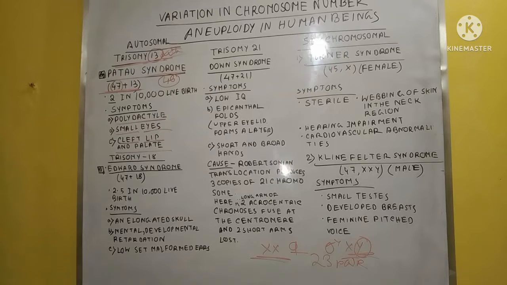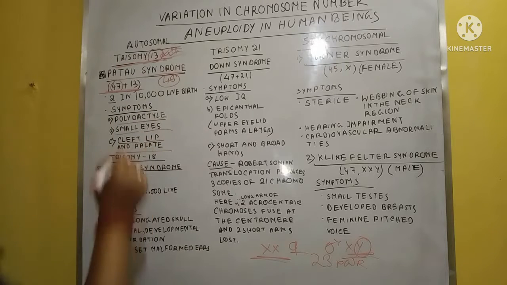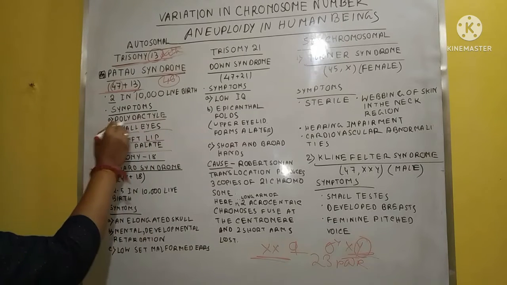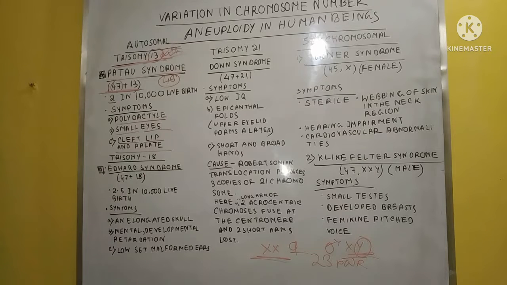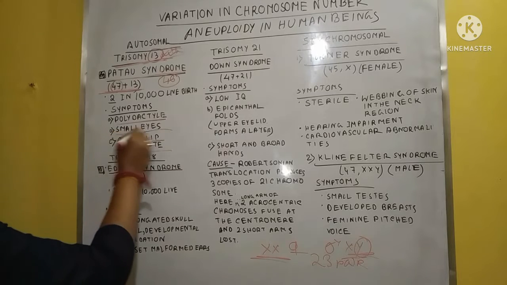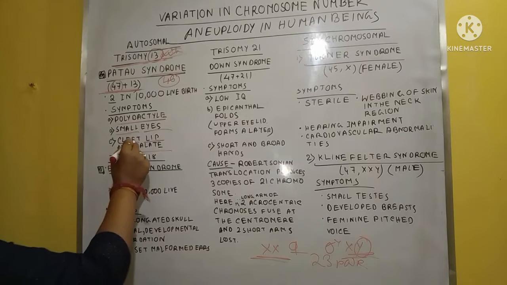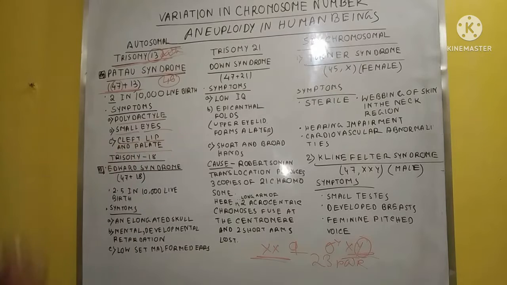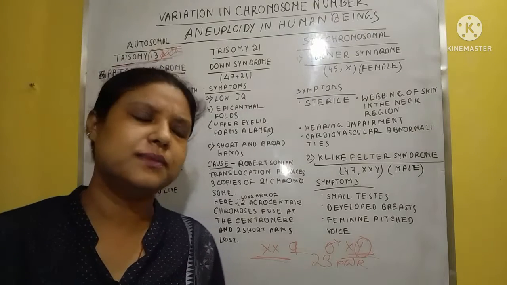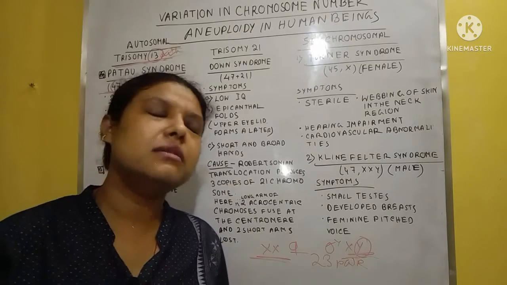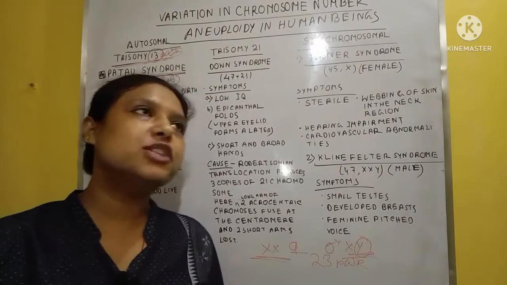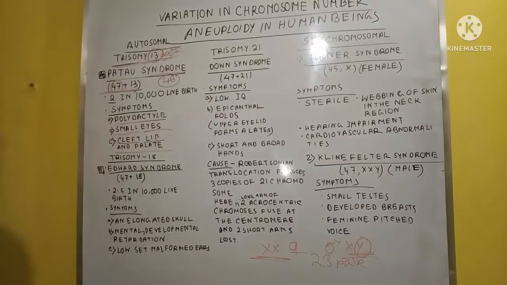Again I repeat, polydactyly means the number of digits in fingers and toes anywhere will be increased, second is small eyes, and third is cleft lip and palate. Other symptoms you can also see in genetics books, any book related to genetics, you can follow that one also.